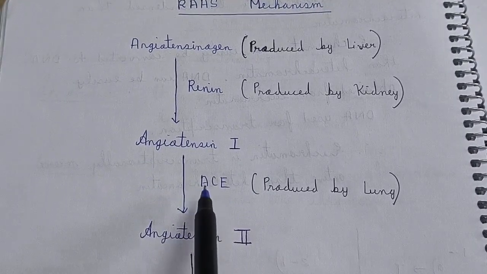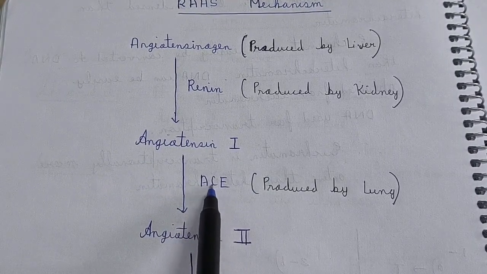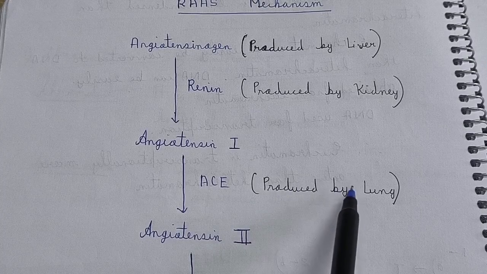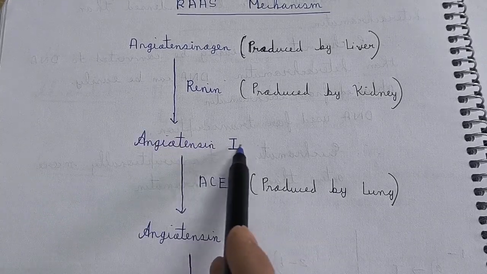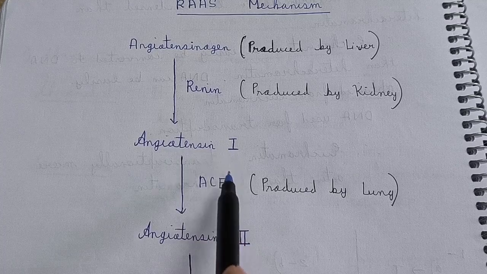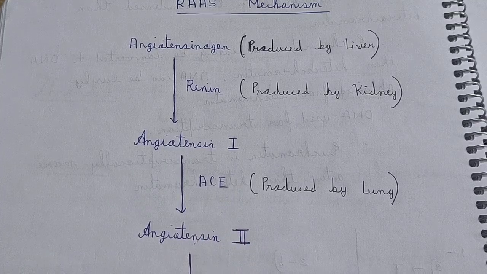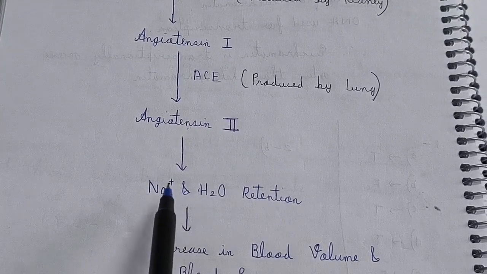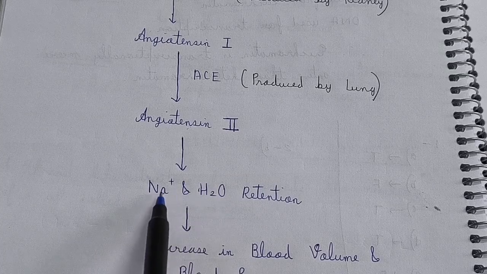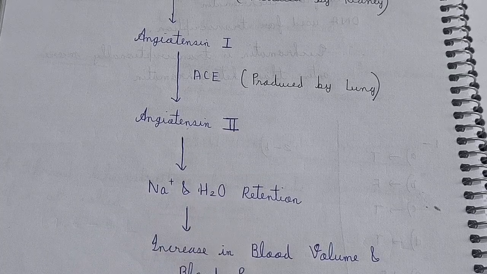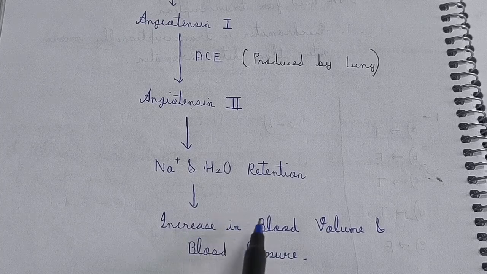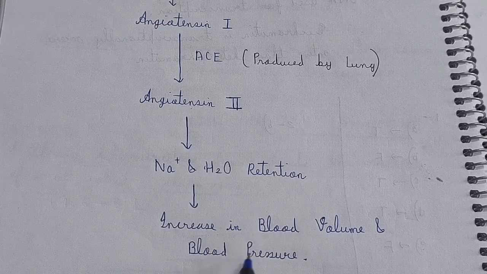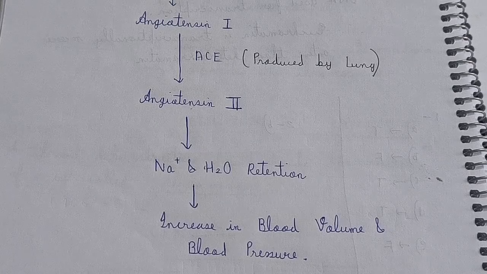Now ACE, that is angiotensin converting enzyme, is produced by the lung, and this ACE causes the conversion of angiotensin 1 to angiotensin 2. Then angiotensin 2 causes the retention of sodium and water, and due to the retention of sodium and water, an increase in blood volume and blood pressure occurs. So this is the main RAS mechanism.